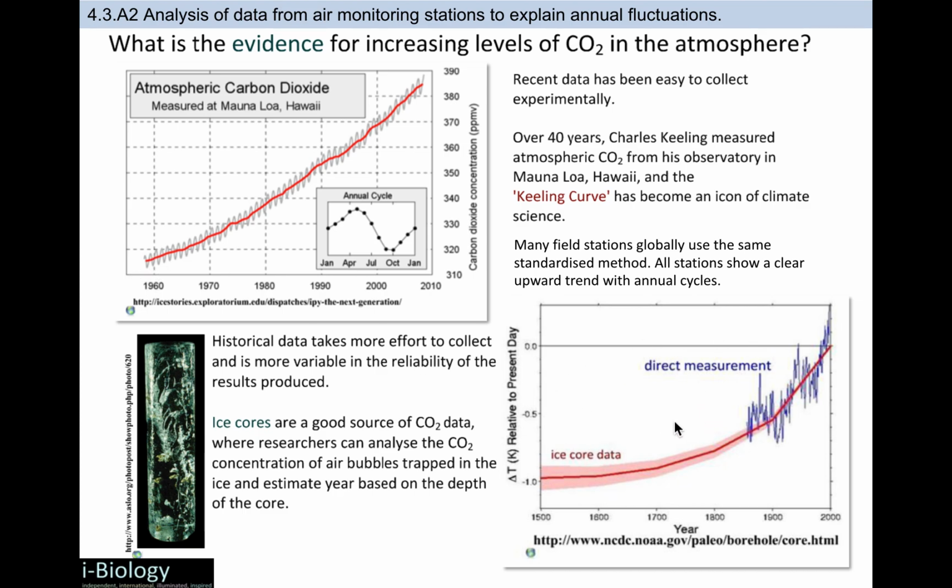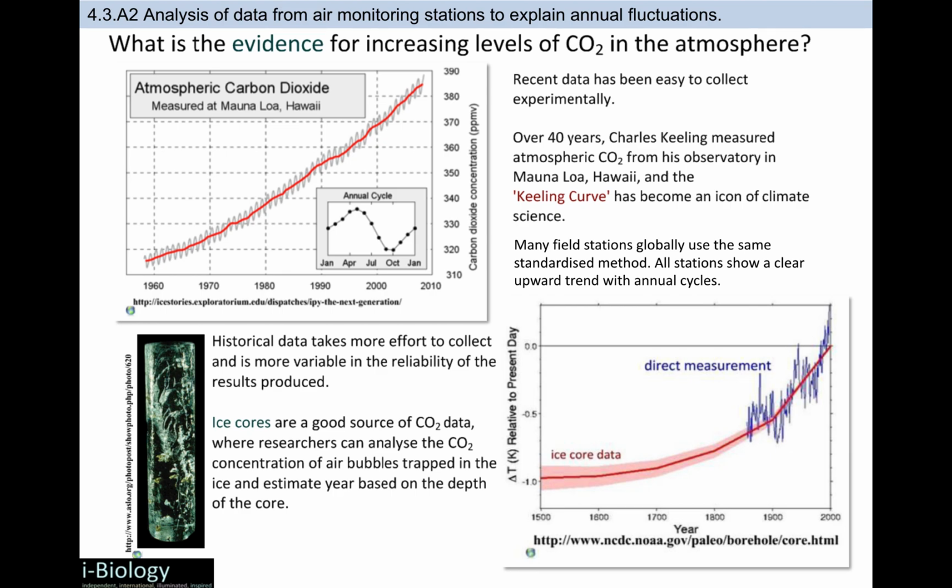This is showing you, though, we haven't had direct measurements for that long compared to the data you're going to see that goes all the way back to 400,000 years ago. This graph's only going to the 1500s, but all that data is from ice core samples. With these ice cores, whenever ice freezes, you get bubbles that naturally form within that ice.